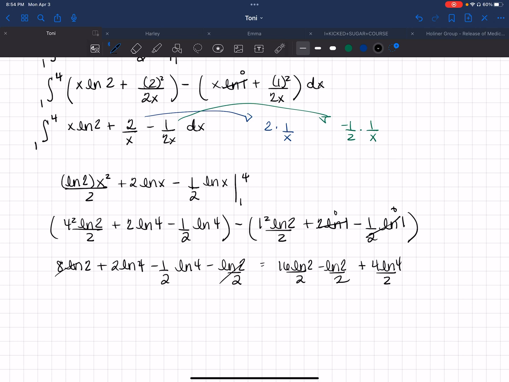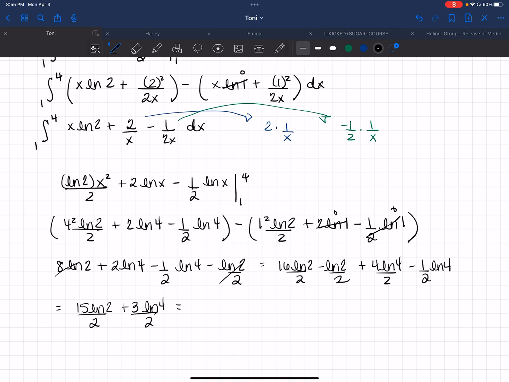All I did was get a common denominator here, minus 1/2 natural log of 4. Okay, when I put that together, that's going to wind up giving me 15 natural log of 2 over 2 and plus 3 natural log of 4 over 2.